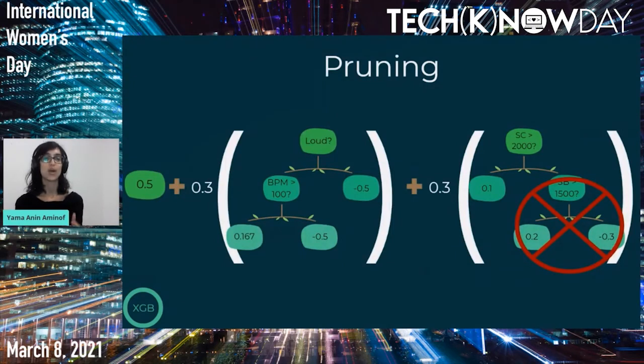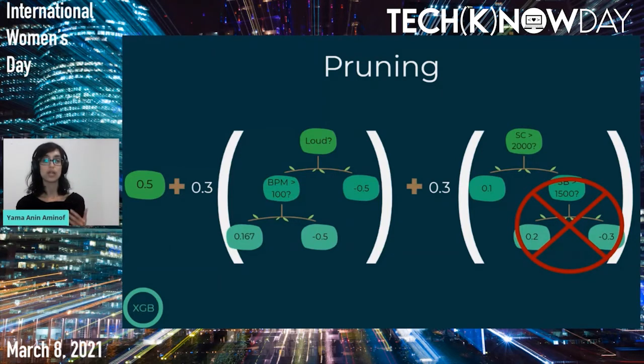The last subject I'm going to talk about regarding XGBoost is pruning. Pruning is the process of deleting splits from the tree. Doing that helps us reduce the complexity of the tree, improve accuracy, and reduce overfitting. In XGBoost, after we finish building each tree, we move to the stage of pruning that tree.